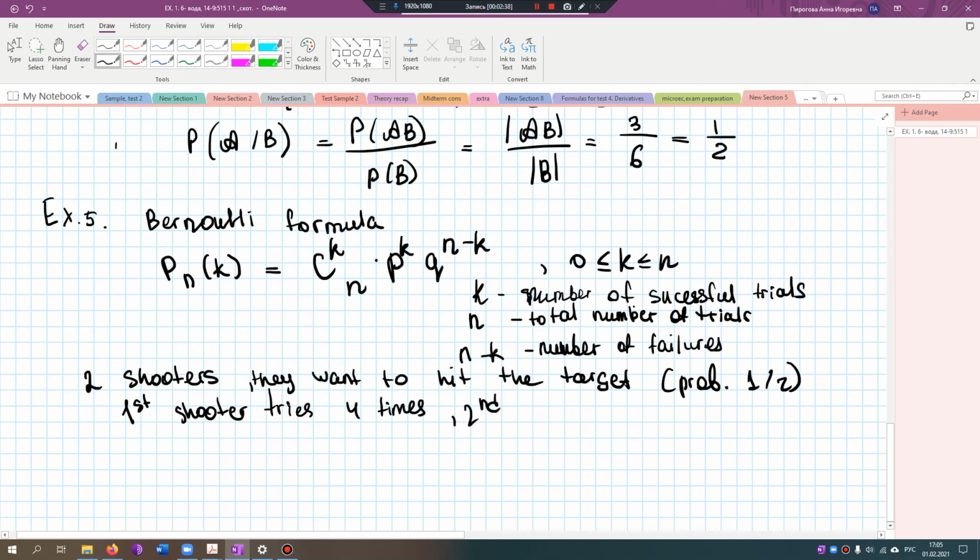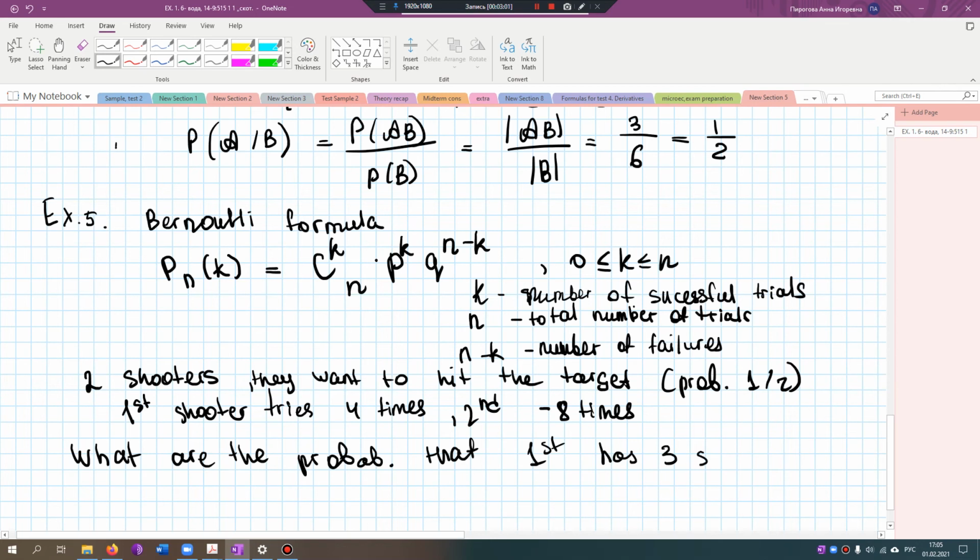The second tries 8 times. And there is a question: what are the probabilities that the first has 3 successes and the second has 5 successes?